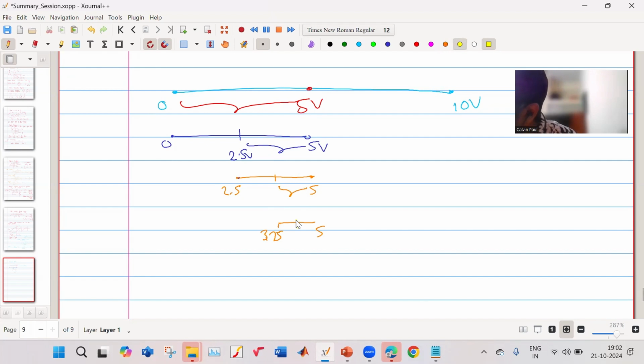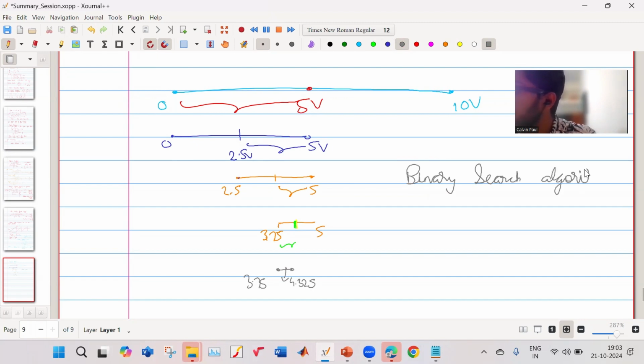Then if we find a half of this and see where it is, now it says it is over here. So that means it is between 3.75 and 4.325 something. In this way, it is identifying what is the voltage. So it uses an algorithm that is similar to what is known as a binary search algorithm.